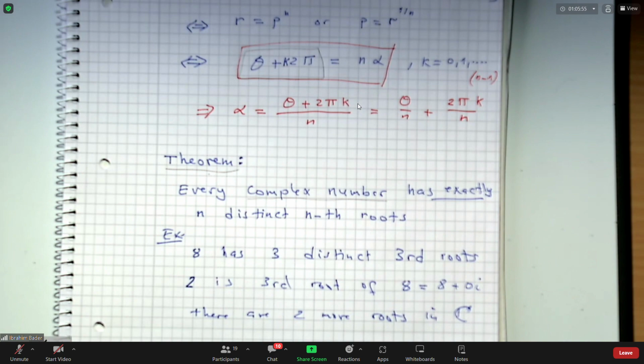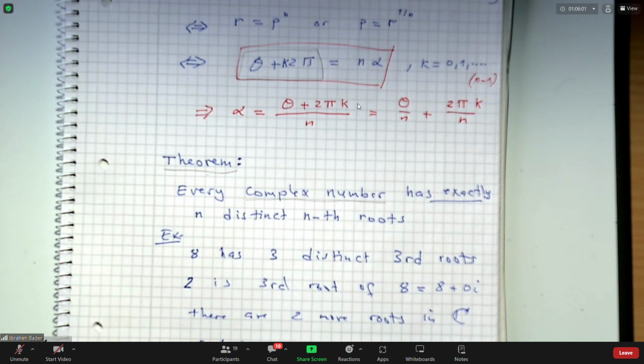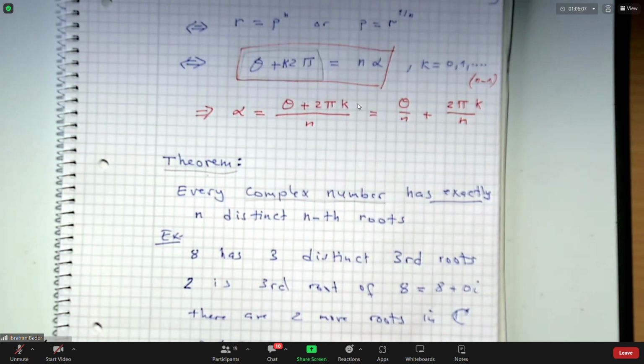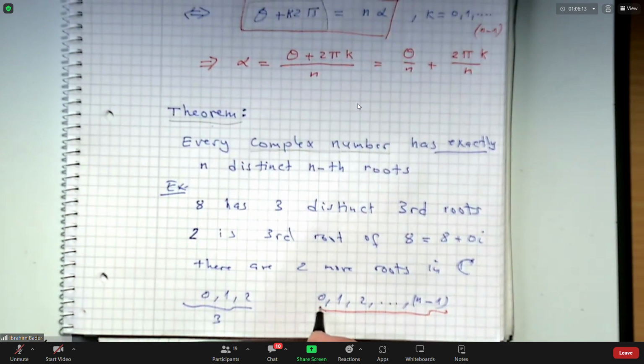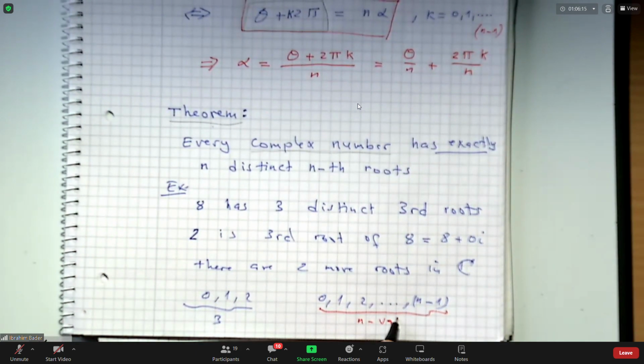I hope it's clear for everyone that 0, 1, 2 are 3 numbers. So 0, 1, 2, up to n minus 1. How many values are these? These are n values.